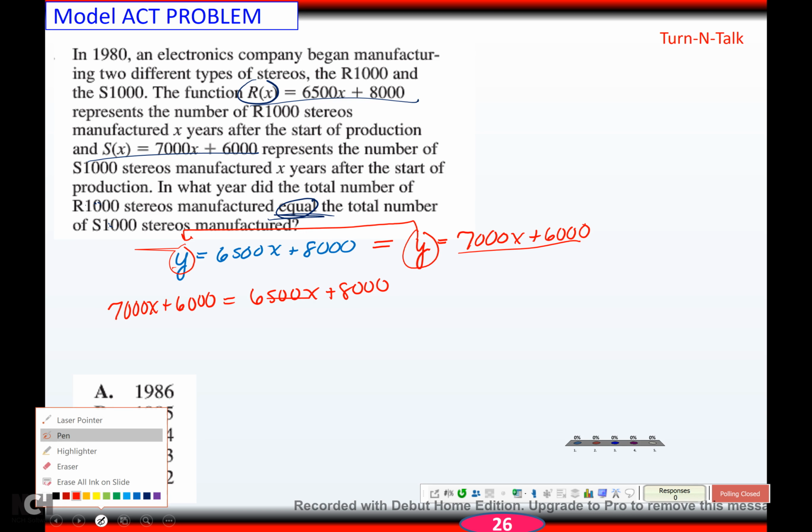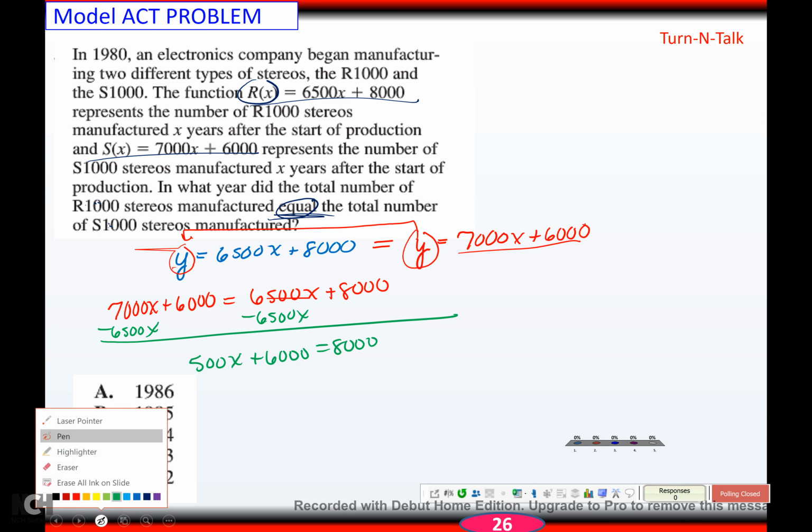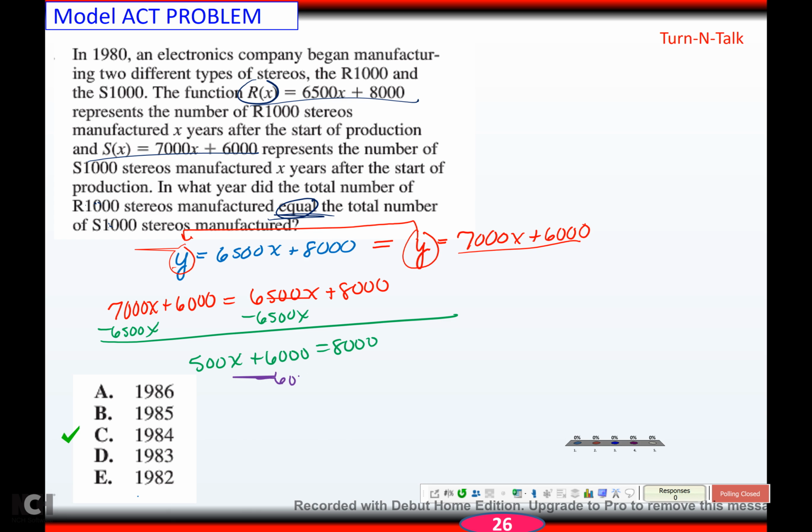So now I can get my x's together. I'm going to minus 6500x, minus 6500x. That gives me 500x plus 6000 equals 8000. So next I'm going to minus 6000.